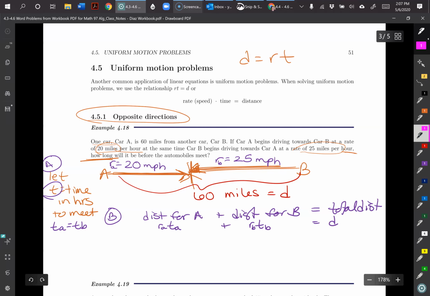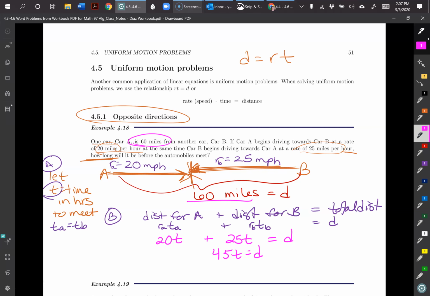So then we're going to go ahead and write our equation. So we would have our rate, 20t plus 25t equals D. And add those together, we get 45t equals D. But we need one more number in there. I forgot to write that our D is 60.